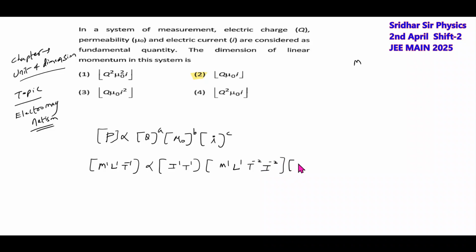Here, current will be I. We'll simplify. T will be A minus 2B, and I will be A minus 2B plus C.